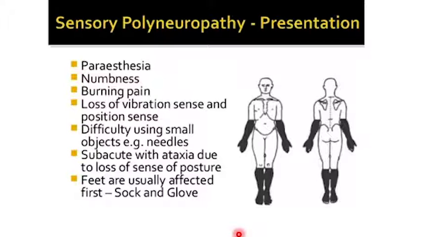We talked about this. By the time the stocking neuropathy reaches the knee, the hand starts. But if the patient is already telling you about the hands, and it's a diabetic patient, that's an ascending type of neuropathy.